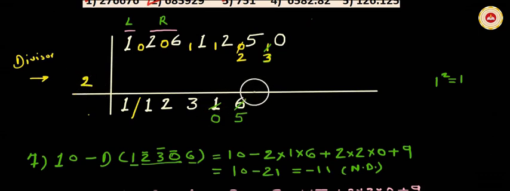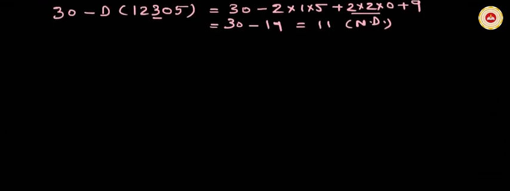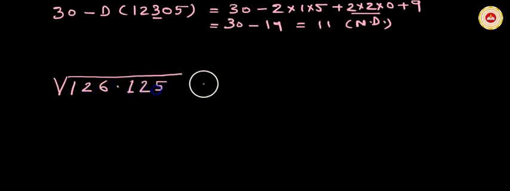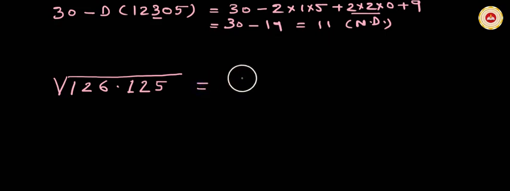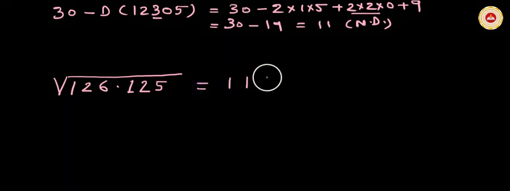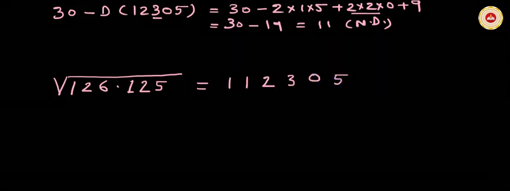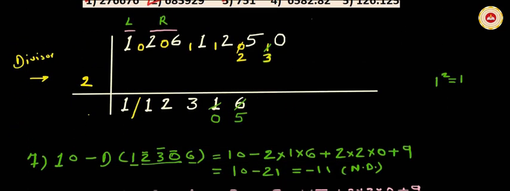Okay, so let us write the answer now. See, 112305 for 126.125. It is time to write the decimal point.